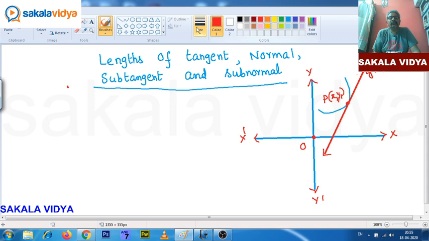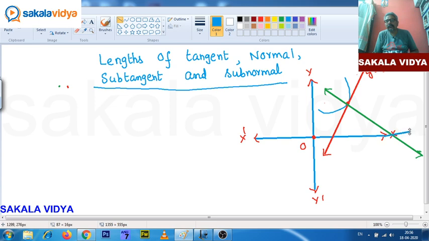Now, this is another line perpendicular to the tangent and passes through the point of intersection. Let us label it now.